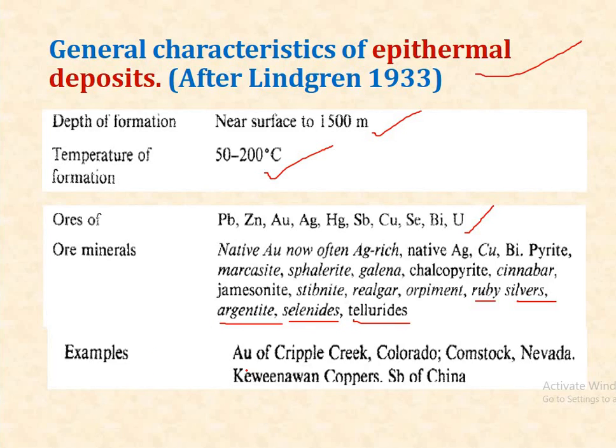Examples are gold of Cripple Creek, Colorado, Comstock, Nevada, and copper of Kivana, antimony of China, etc.